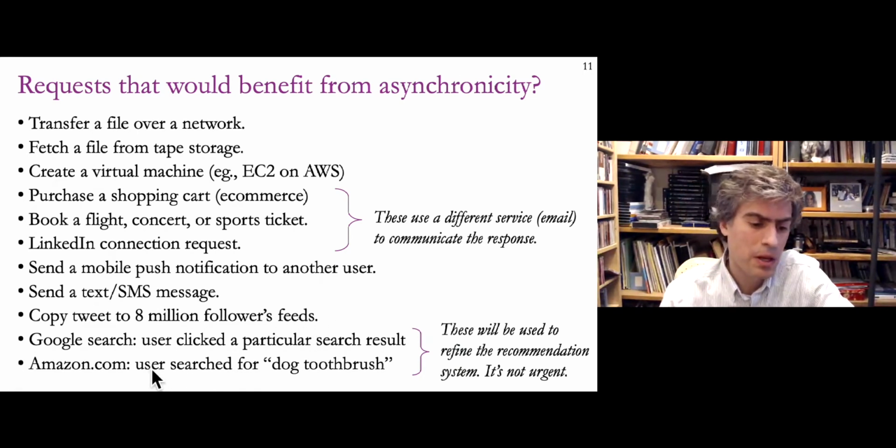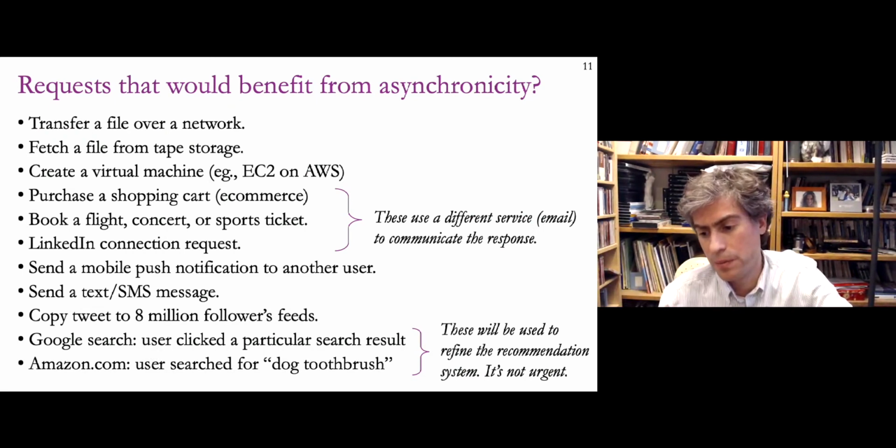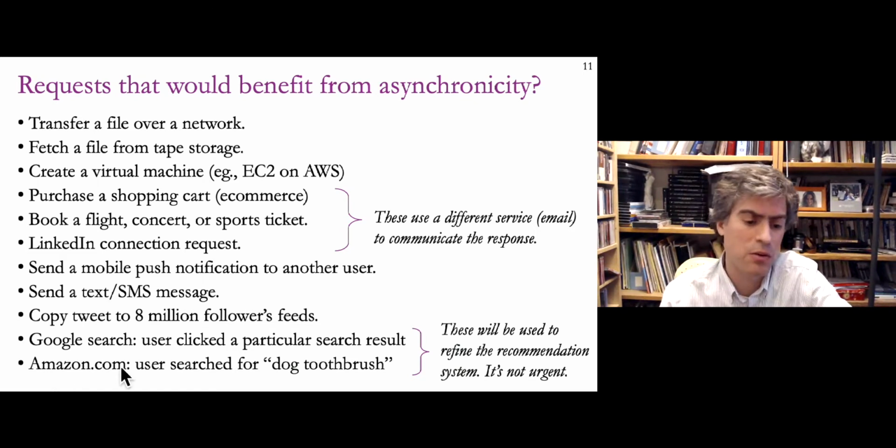And finally, I have two examples of analytics, where we have user events or user actions that some big tech company wants to record for their behavioral modeling, but it's not critical. This is just information they're gathering to use later.